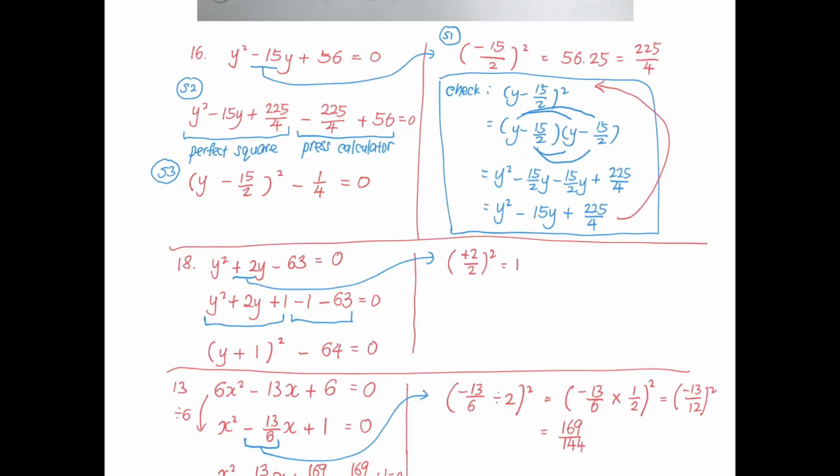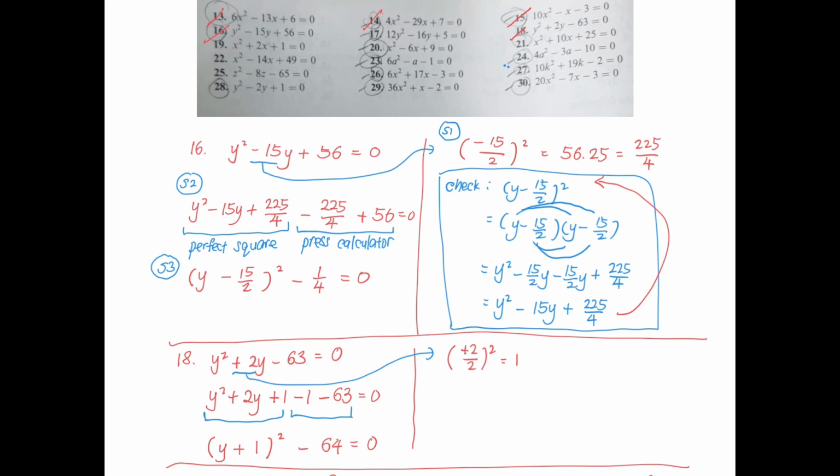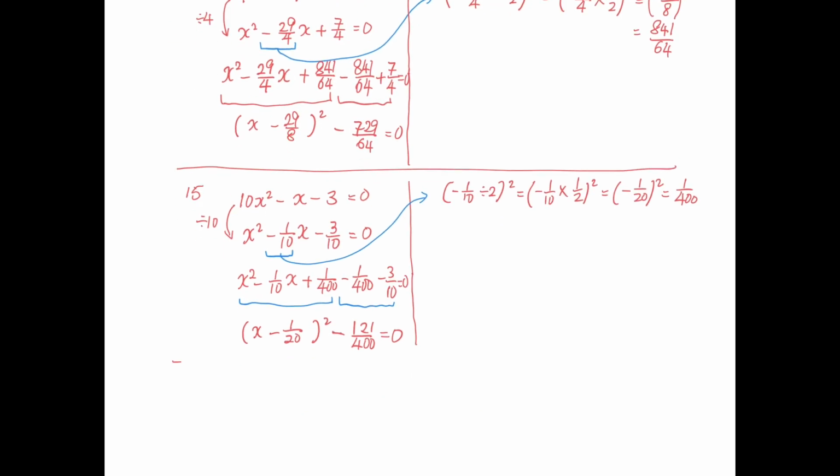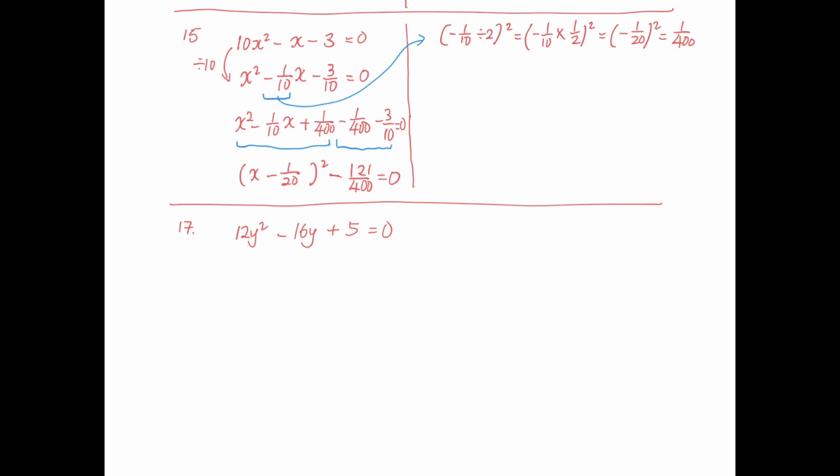Now let's look at 16. 16 we have done. 17. 12y squared minus 16y plus 5. Okay, so to do this question, first we have to get rid of 12 in front.